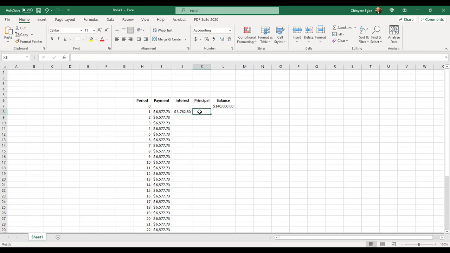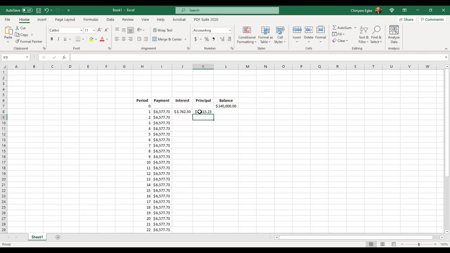Your principal is equal to the payment, which is I8, minus J8, which is the amount that is deducted for interest.